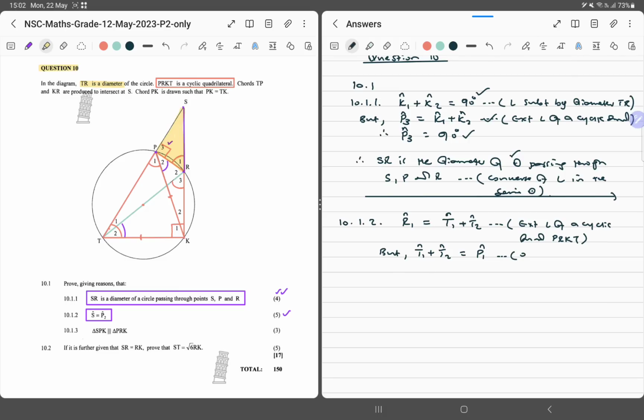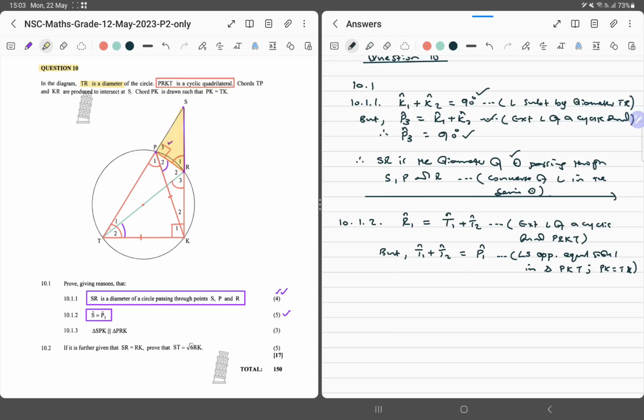These are angles opposite equal sides in triangle PKT. Right, because we were given, maybe let's state why it is so. We were given that PK is equal to TK. That's what we were given.